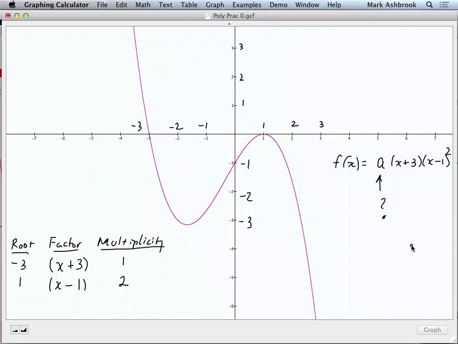What's going to help us get it? Somebody new. Christina, any ideas? What have we not considered yet? Yeah, the y-intercept. So what function statement can we make with the y-intercept? What has to be true regarding f?